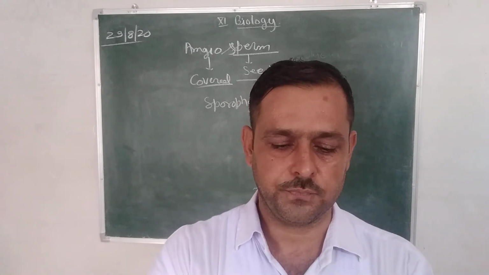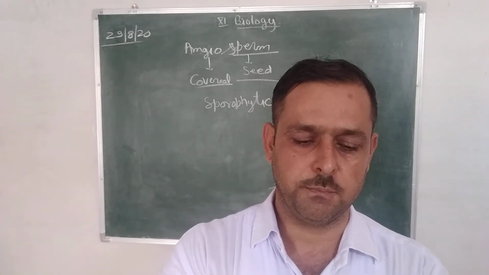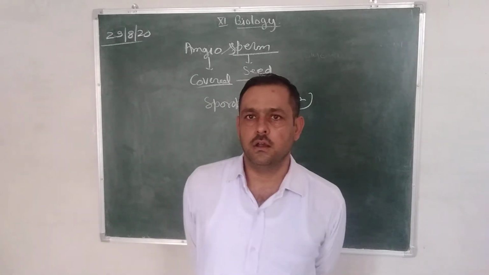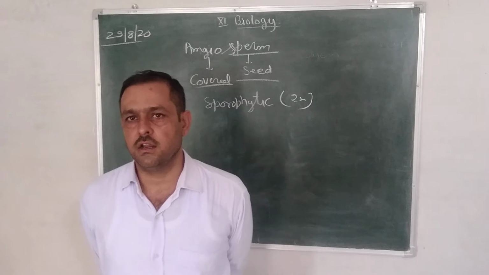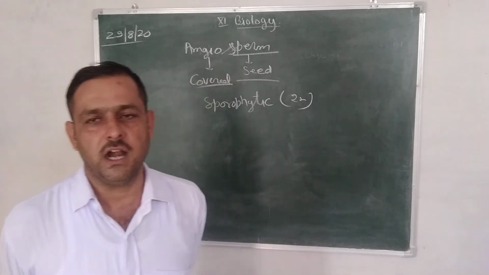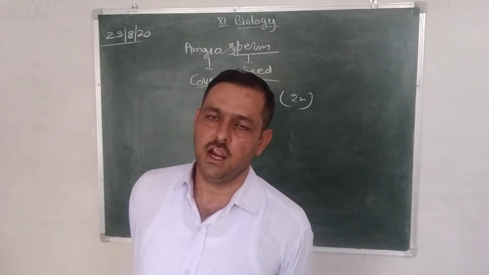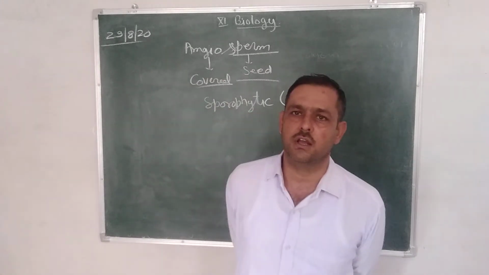And the main character of angiospermic plants is that they bear the male sex organ and female sex organ in a flower, or the plants with flower. The male sex organ is called androecium and the female sex organ is called gynoecium.